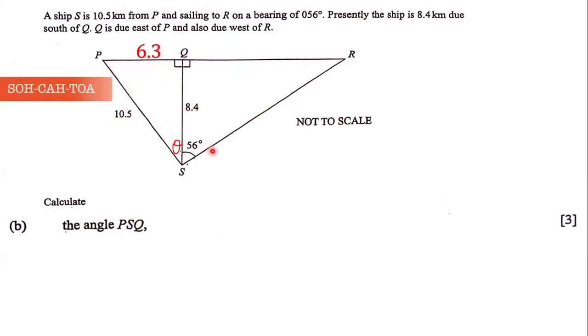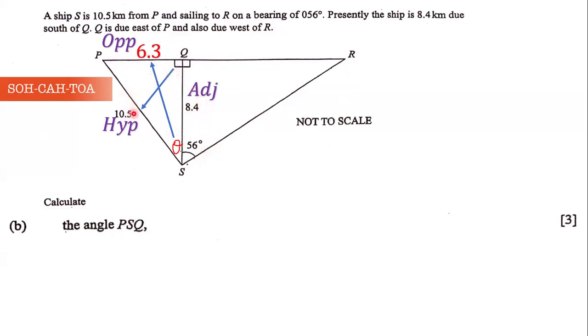Let's label this triangle. The side that is opposite the right angle is called the hypotenuse. The side that is opposite the given angle, theta, is the opposite side, and the remaining side is the adjacent side. So we have the hypotenuse, the opposite, and the adjacent.